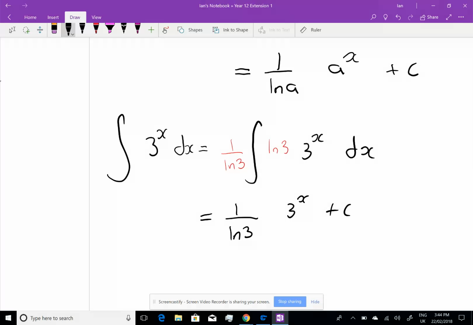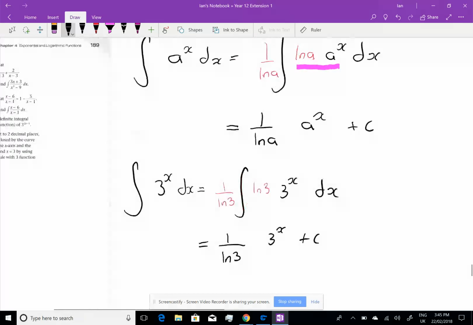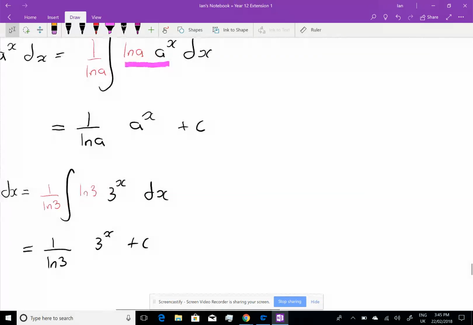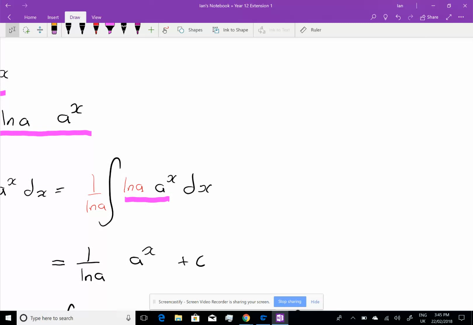So what about our question 14? Find the indefinite integral of 3 to the 2x minus 1. All right, so let's do it over here. Question 14. I want to find the integral of 3 to the 2x minus 1 dx.